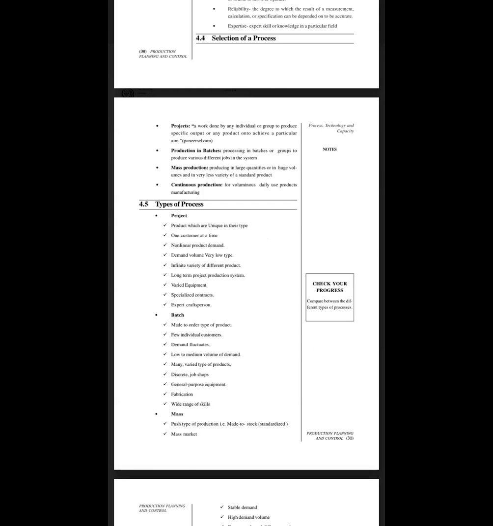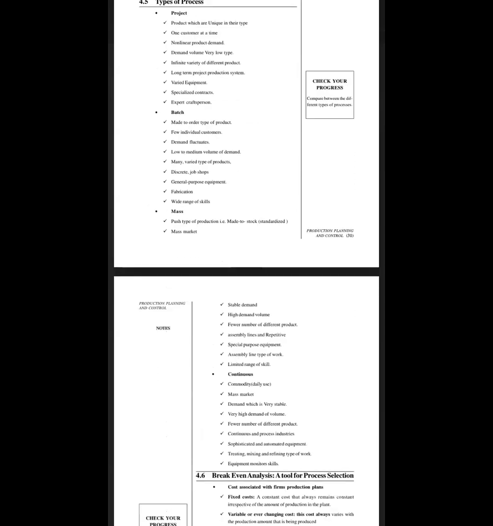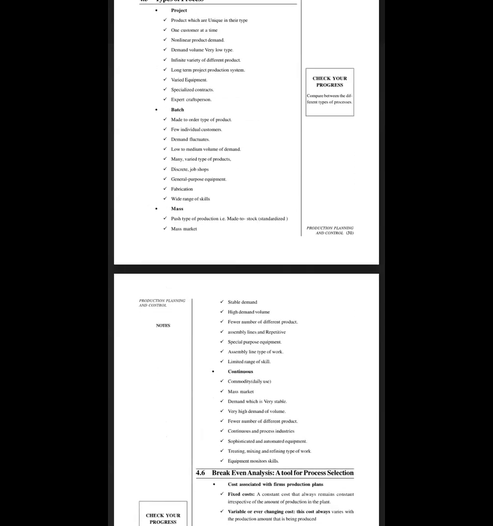Then mass market, stable demand, high demand volume, limited range of skills. Then continuous: mass market, demand which is very stable, very high demand volume. Continuous and process industries, sophisticated and automatic equipment, monitor skills. So these all are the processes.